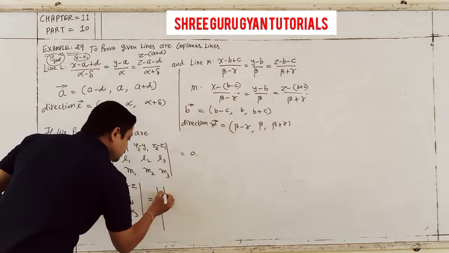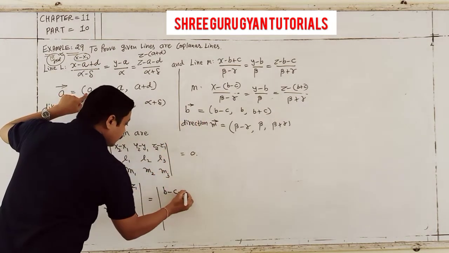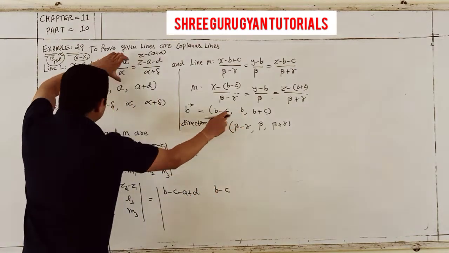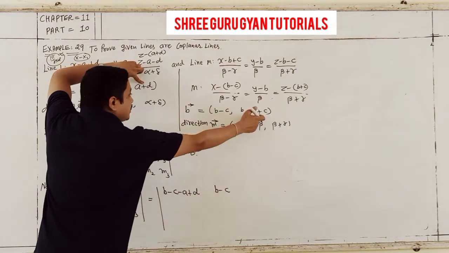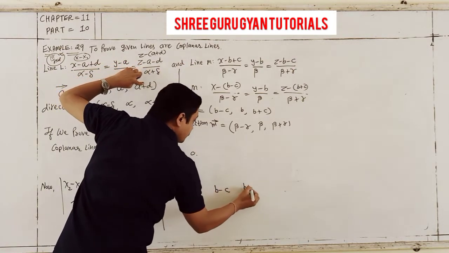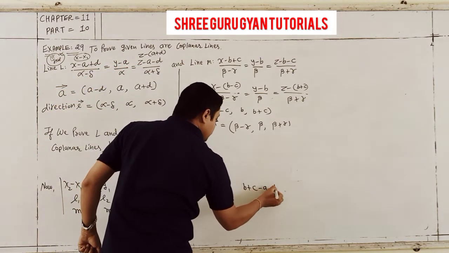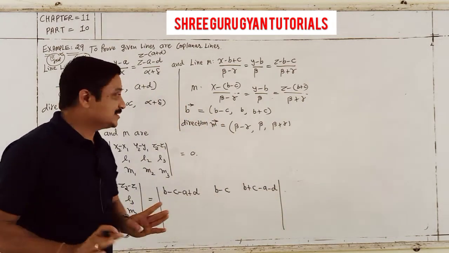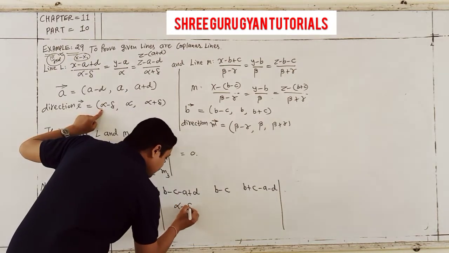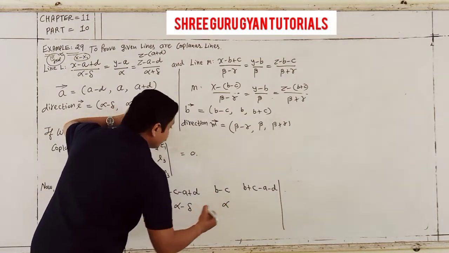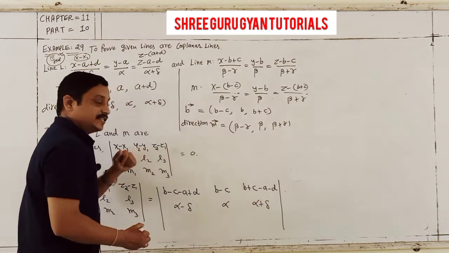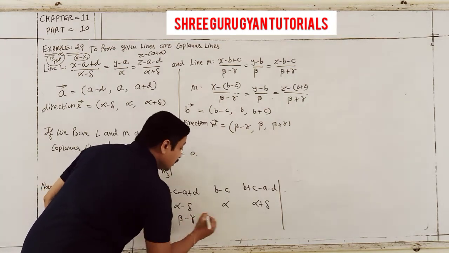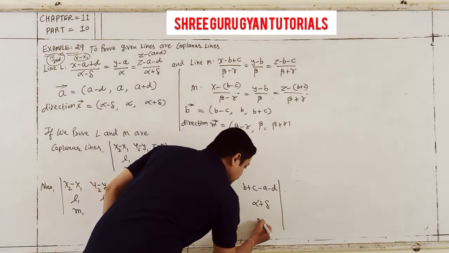So students, B minus C minus A plus D, and similarly the second value, and now the third, x3 minus x1, so B plus C minus A minus D. The L direction is alpha minus delta, alpha and alpha plus delta, and the M direction is beta minus gamma, beta and beta plus gamma.